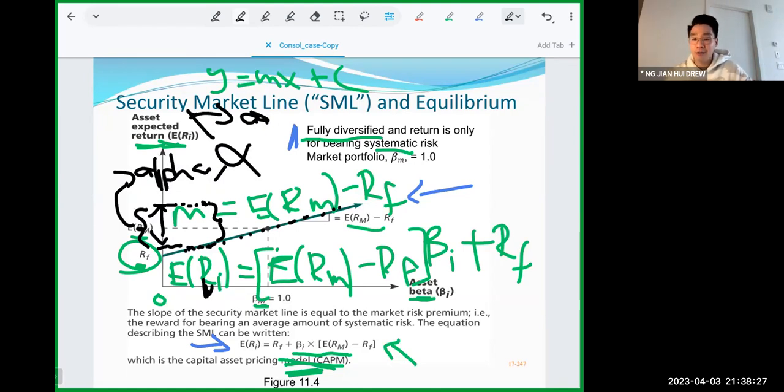So this is the alpha. And remember, in the efficient market hypothesis, we cannot get alpha. We cannot get abnormal return. We always only get market returns. And therefore, all our securities should all fall on the line here, right? It cannot be above the line.